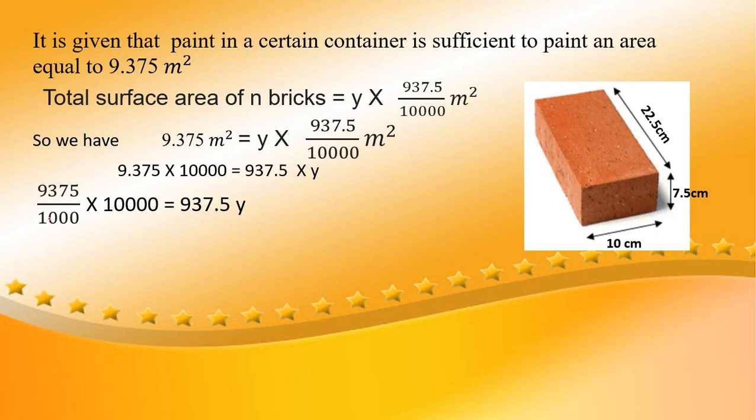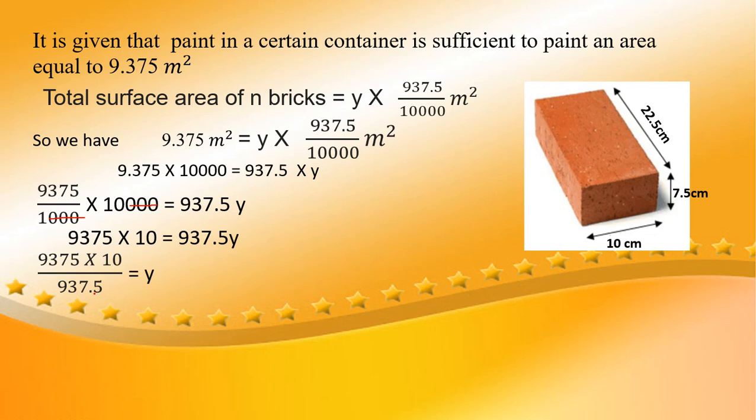Now these 3 zeros will cancel out with those 3 zeros. So in the next step, we get 9,375 into 10 is equal to 937.5 Y. Now for Y, we get the equation as 9,375 into 10 upon 937.5.